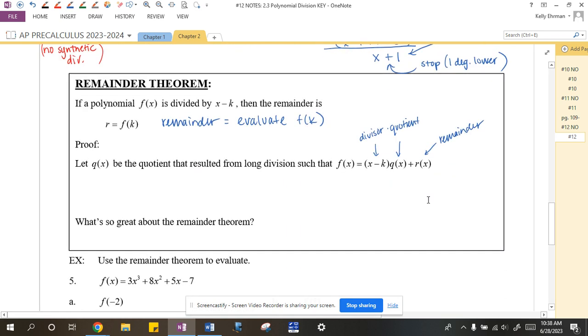So all this is saying is, if this is true, when we plug k into f of x, we should just be left with r. So let's look at that. Plug k in for every x, k minus k times q of k plus r of k. Well, k minus k is 0.